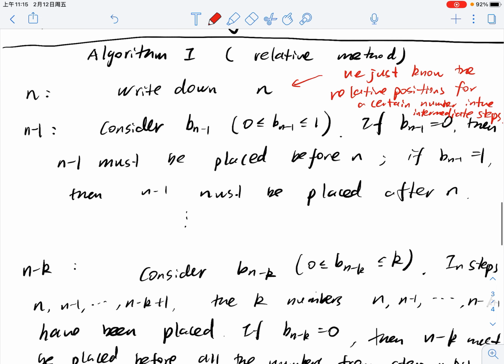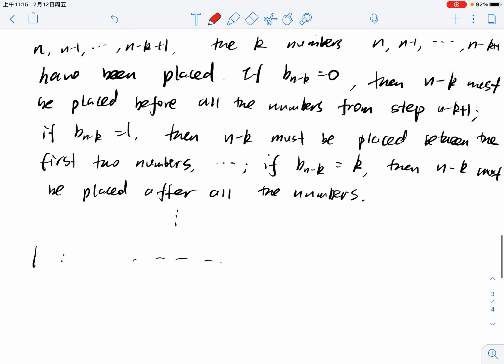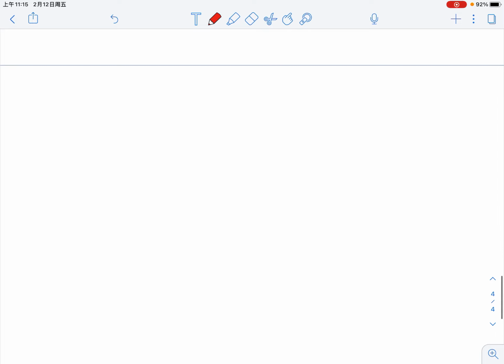So even in the step before the last step, you don't know what the accurate position is, for example, for 2. You just know some relative position.